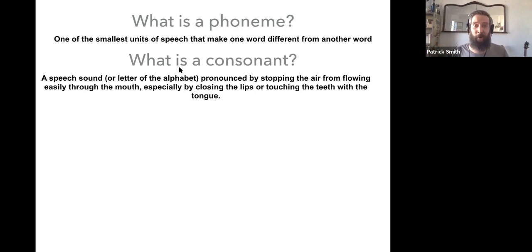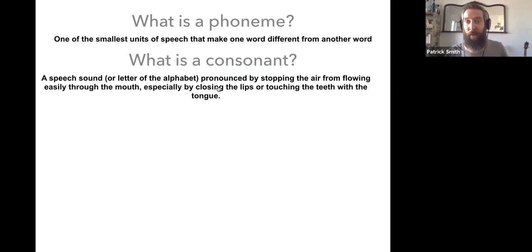A consonant is a speech sound pronounced by stopping the air from flowing easily through the mouth, especially by closing the lips, labios, or touching the teeth with the tongue. So when we make a sound like p, for example, there's a stop, and we're stopping the flow of air and then starting it again. So these are consonants.